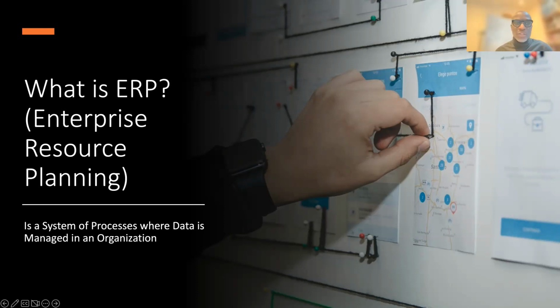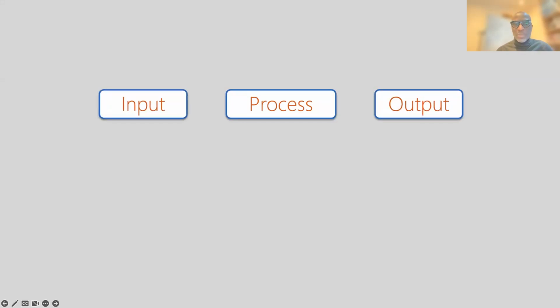Now, there are many functions within the organization, but I'm going to try and break it down into the barest minimum, and that's starting from process. If you think process, a process will have an input and will also have an output. So every single operation that you perform within an ERP includes you entering something or looking at the output of something.